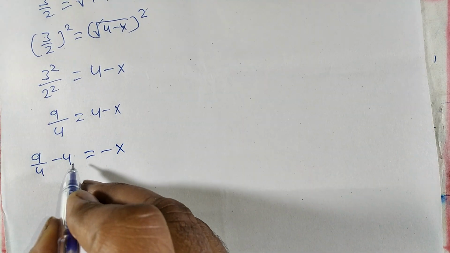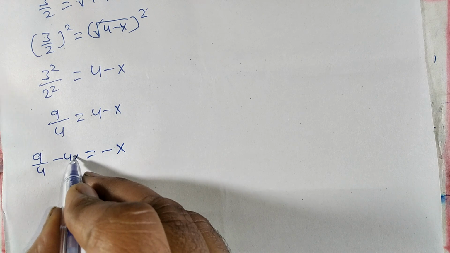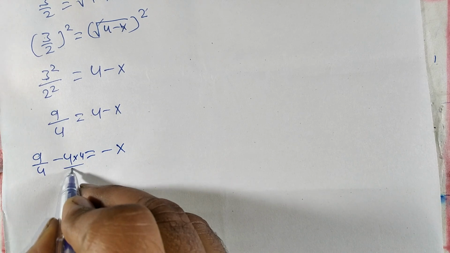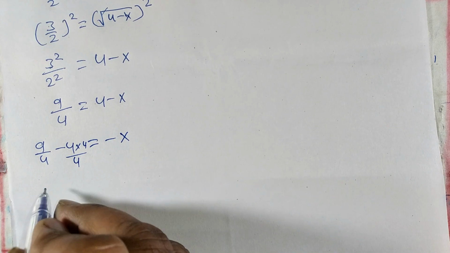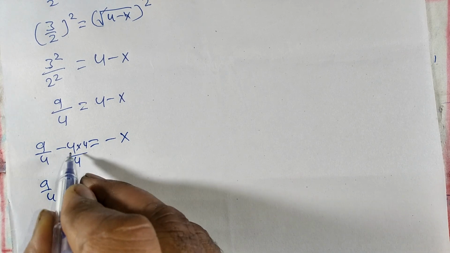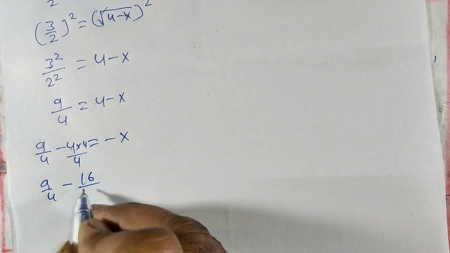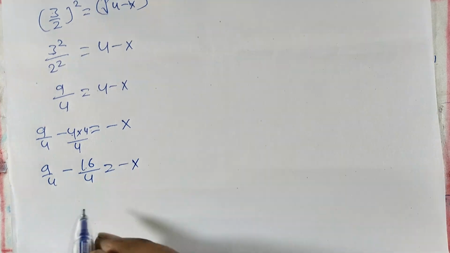Now multiply by 4 and divide by 4 here: 9 by 4 minus 4 times 4 is 16 over 4 is equal to minus x.